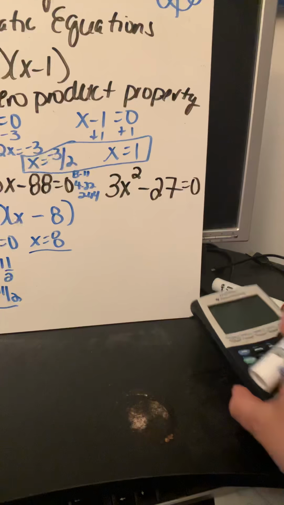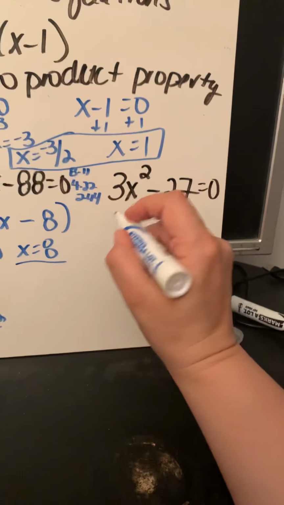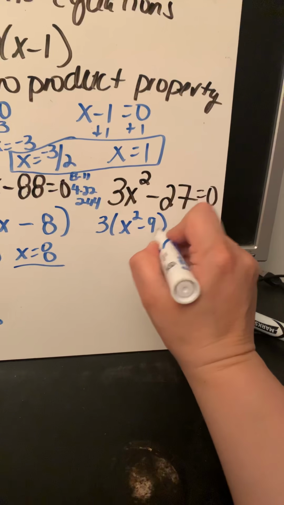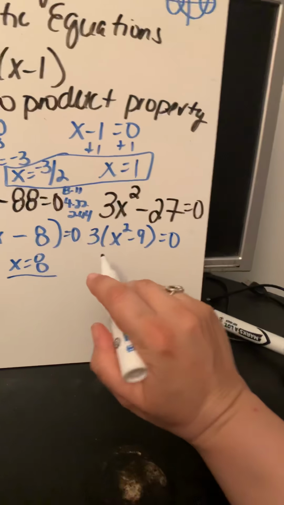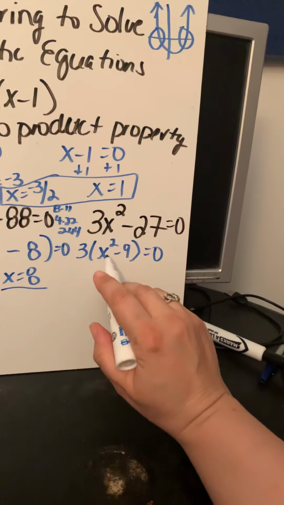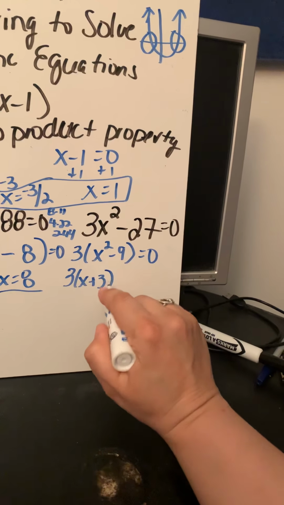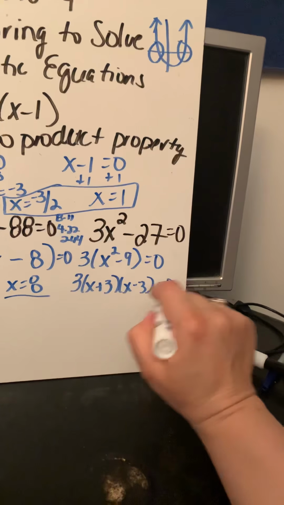This one here, what can we factor out of that? A 3. So pull a 3 out. So now I've got x squared minus 9. I should have put an equals 0 on that one too. Factor that. Difference of squares. I'm going to divide my 3 over.